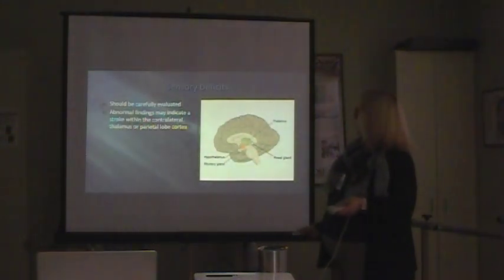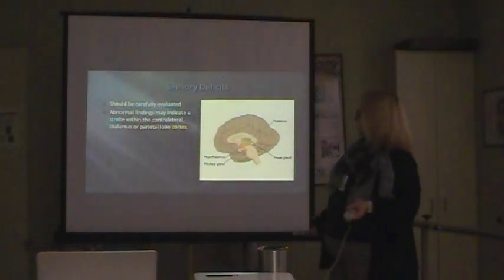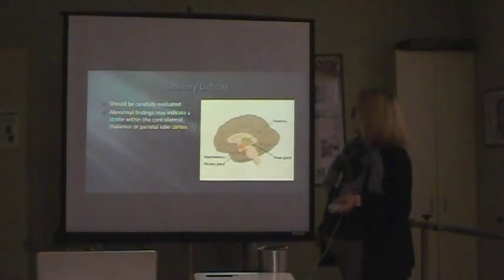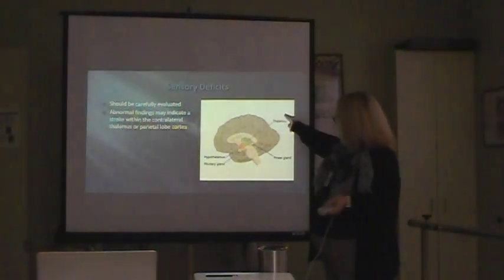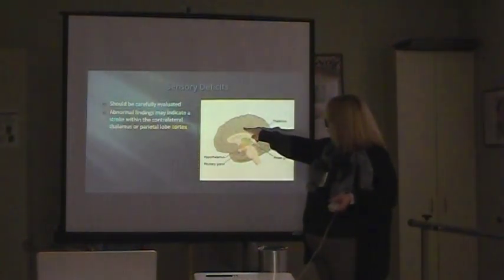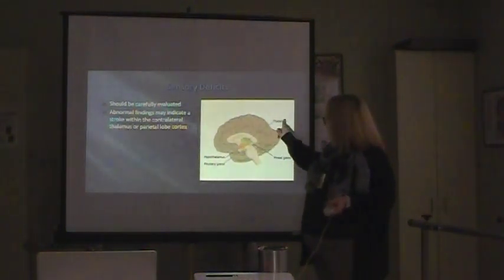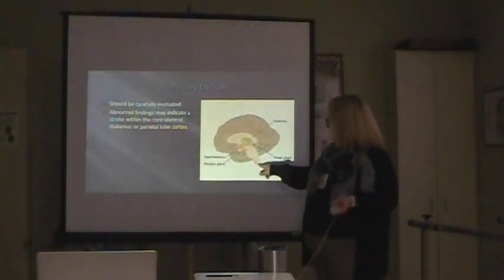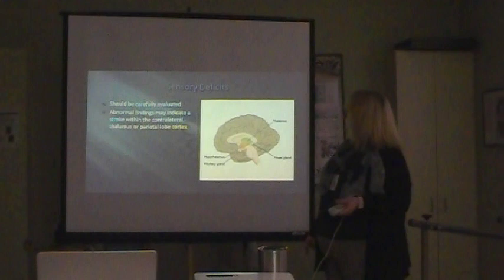Sensory deficits need to be evaluated very carefully, like I said, with the safety pin. And these are some of those areas those tracks can go through: the hypothalamus, the thalamus, kind of the pituitary area to get to the brainstem to then come out to the body.